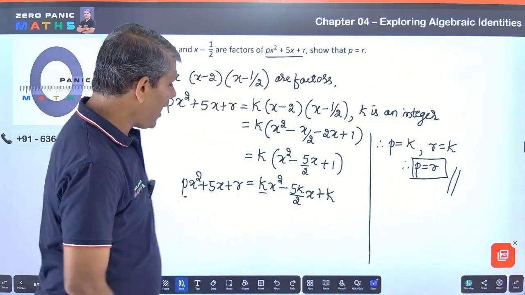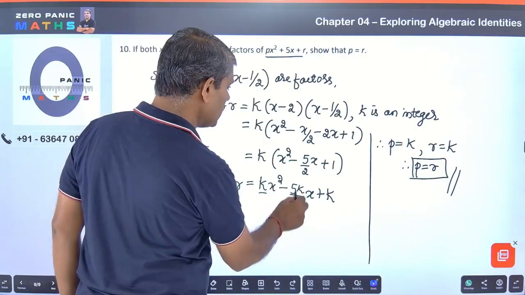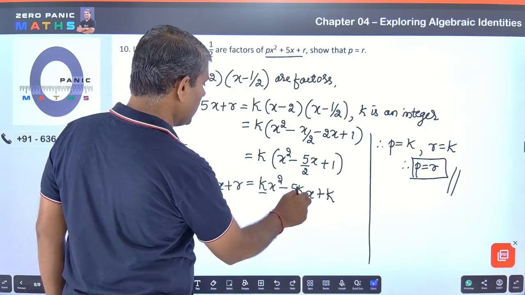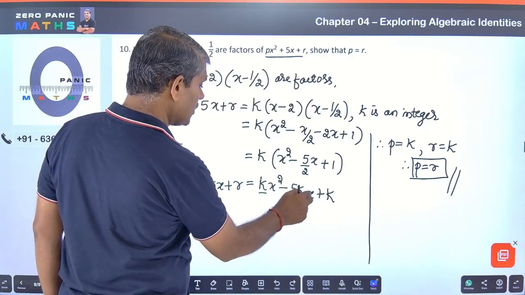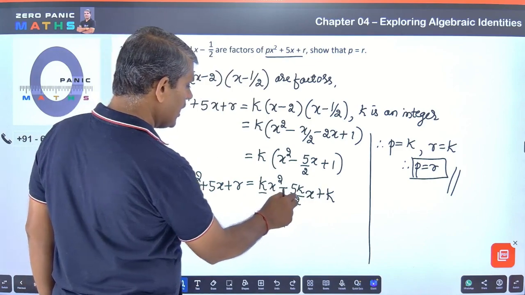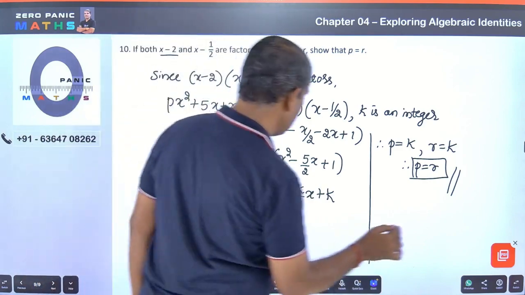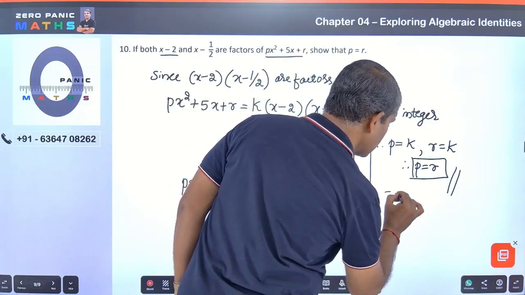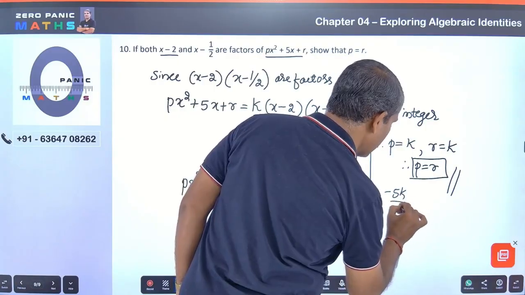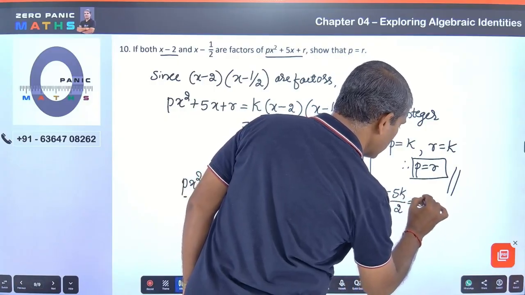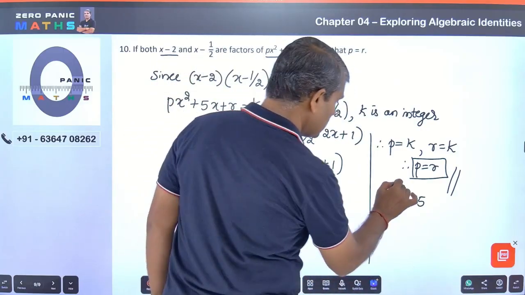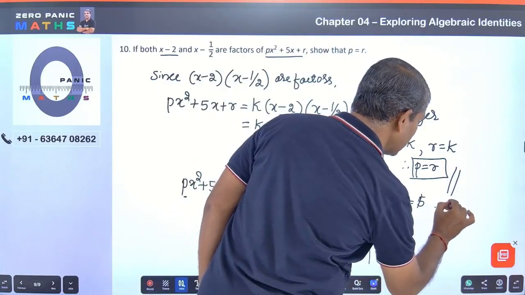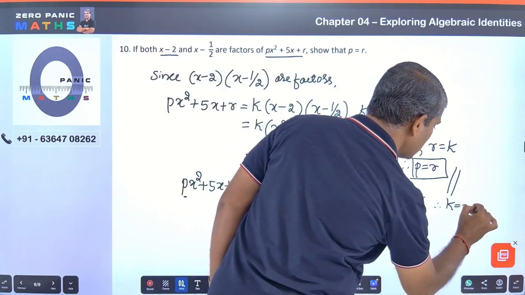You may ask me why we did not consider the middle term also. If you consider the middle term, the coefficient of x is 5 here and minus 5k by 2 here. Even if you consider that, minus 5k divided by 2 is equal to 5, so the value of k is equal to minus 2.